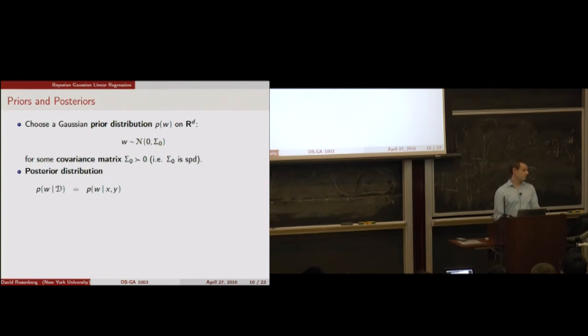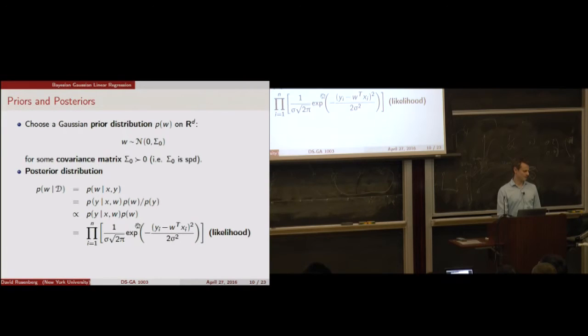Okay. The posterior distribution then is P of W given D. Let's break that out a bit. W given x and y, we can use Bayes' rule and flip the y and the W. We can drop, what can we drop for proportionality? P of y is independent of W. So that becomes like that. The first line here is the likelihood.